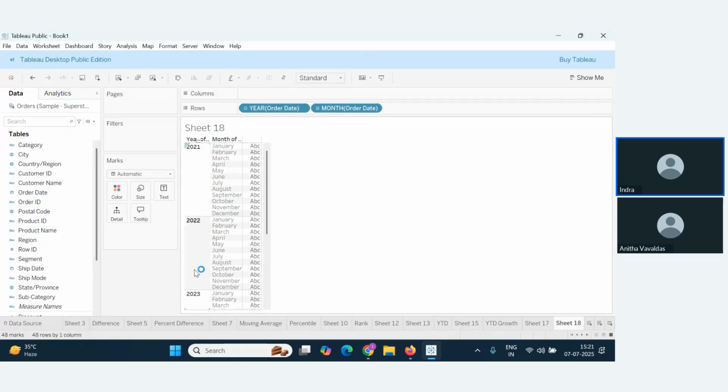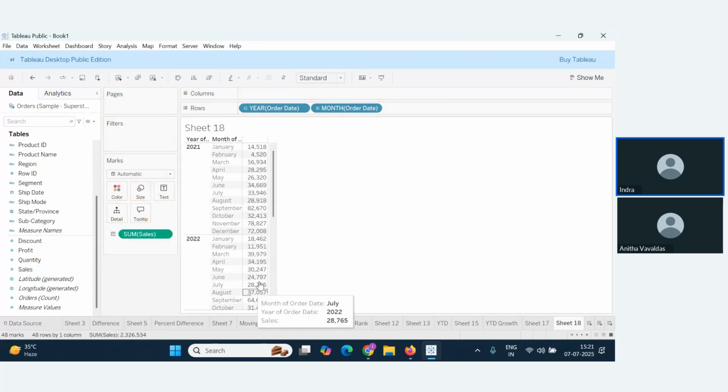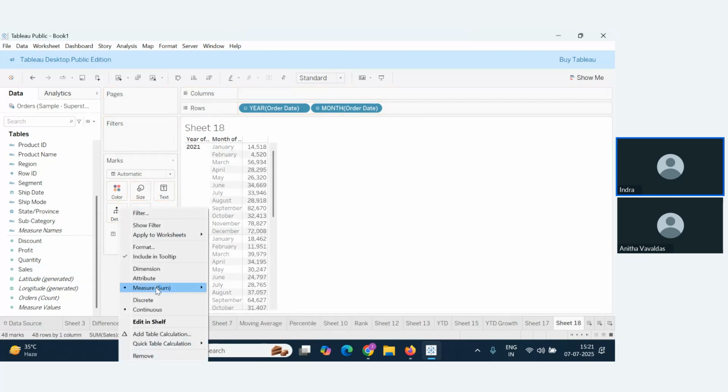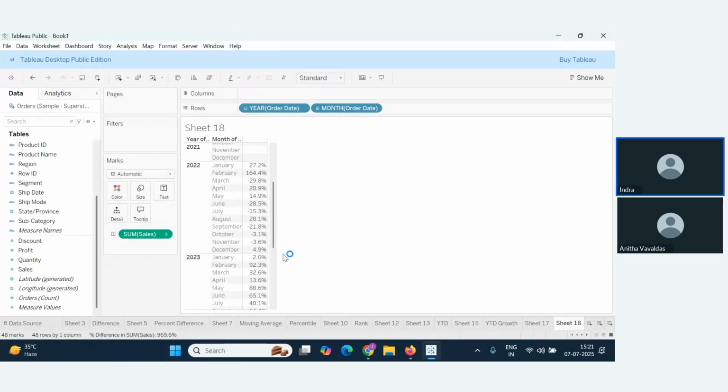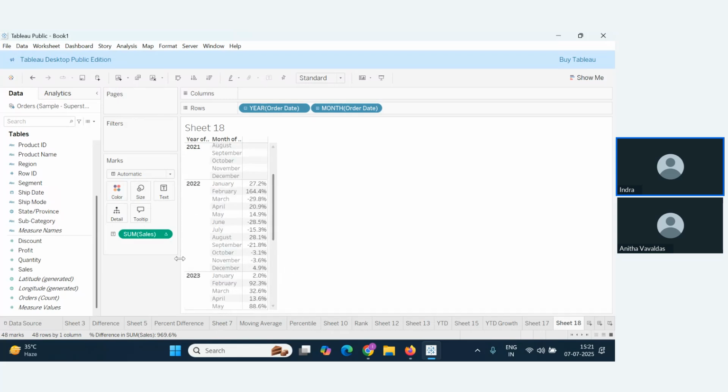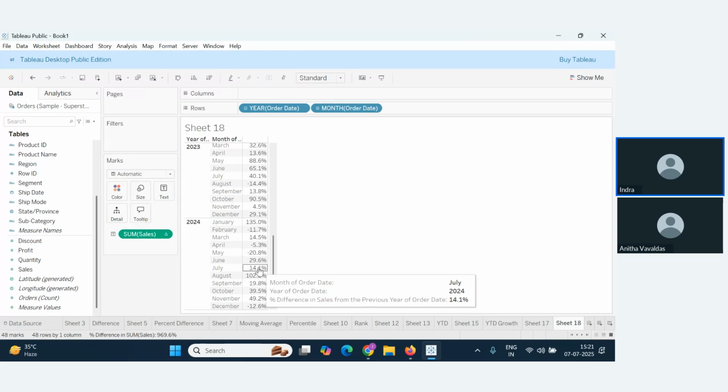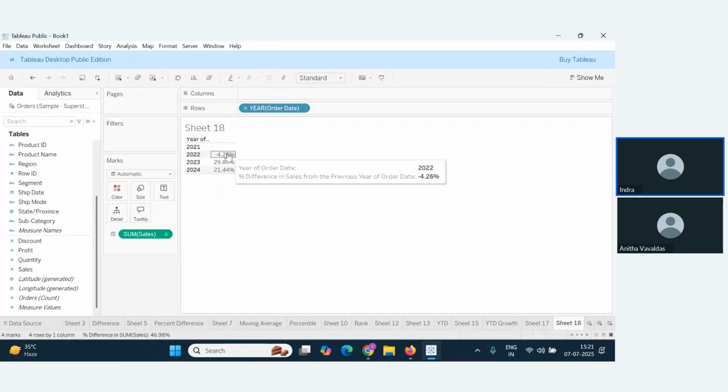Now we'll take the sales field to get the values. Now let's go to quick calculations and select year over year growth. Now you can see I'm getting year over year growth. This is year on year growth in the sales.